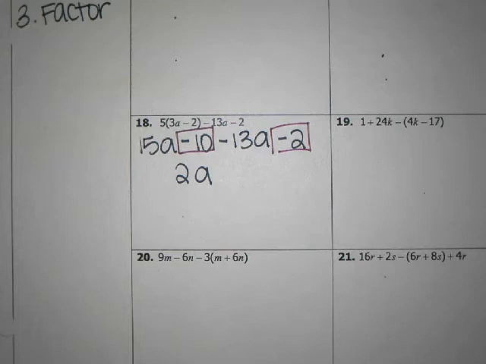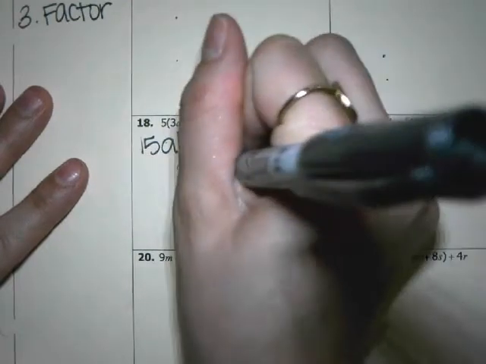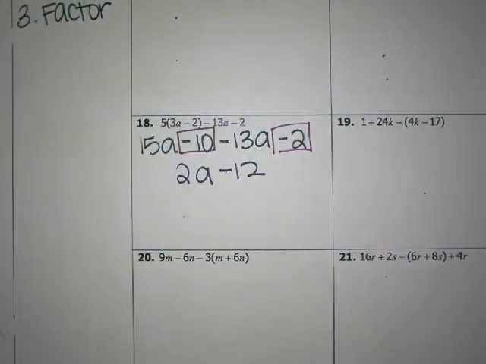Listen. They are both negative numbers. If they are both negatives, do we add or subtract? So what's 10 plus 2? 12. Positive or negative? Negative. So my answer should be what? 2a minus 12. There we go. Good job. Does that make sense, guys?